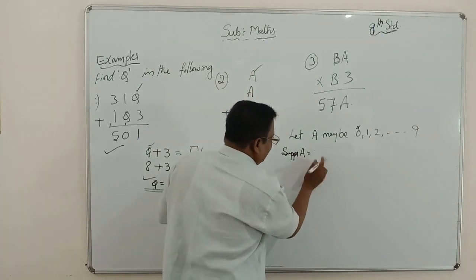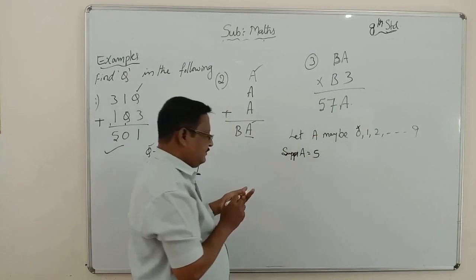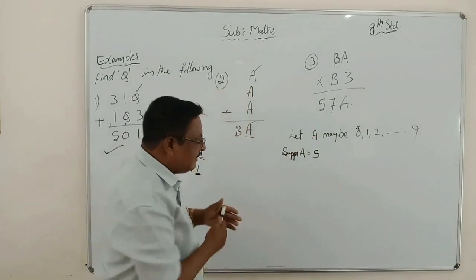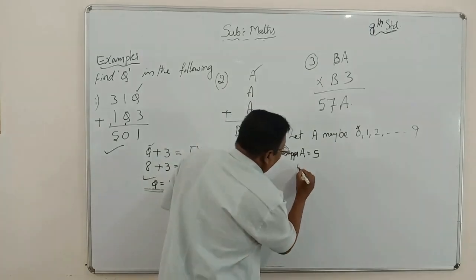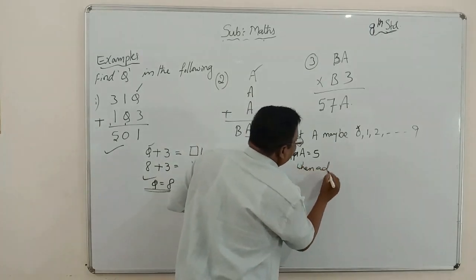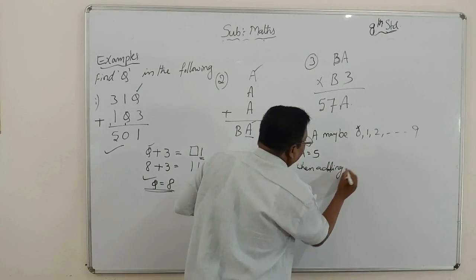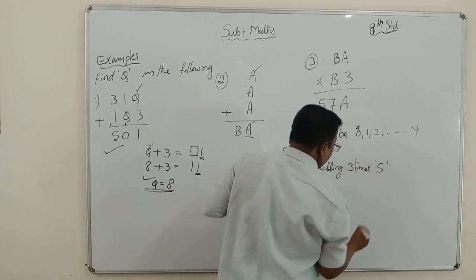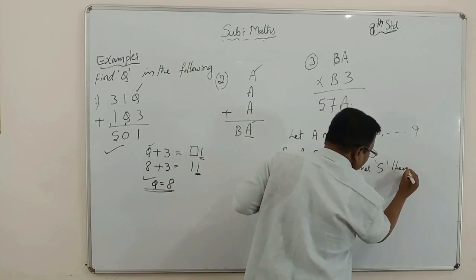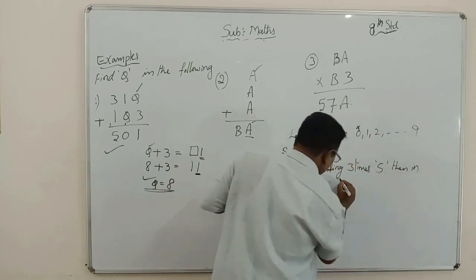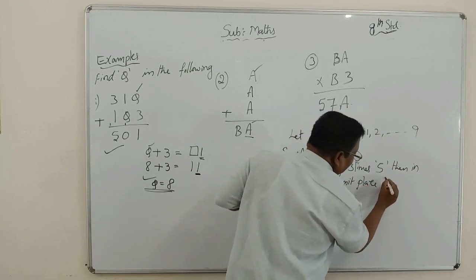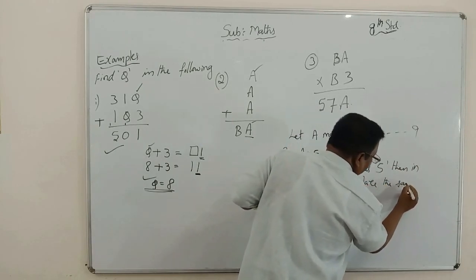5. See, suppose a is equal to 5. 5 plus 5, 10, 10 plus 5, 15. When adding 3 times 5, in unit place the same number comes.